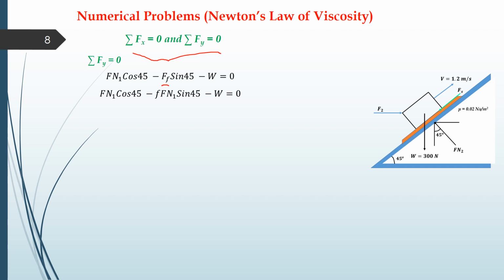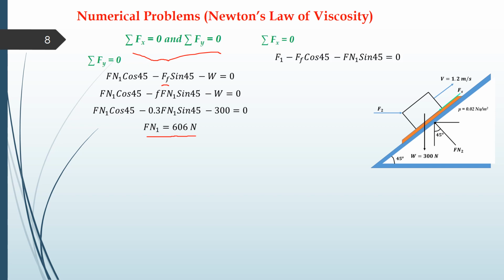And you know that Ff is the friction force, it is given by the coefficient of friction multiplied by your normal reaction, and the values will be f equals 0.3, and weight, as you know, is 300 newtons. So we will get Fn1, that is the normal reaction, from this equation. So Fn1 is equal to 606 newtons.